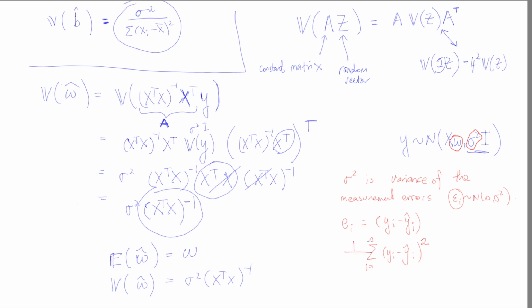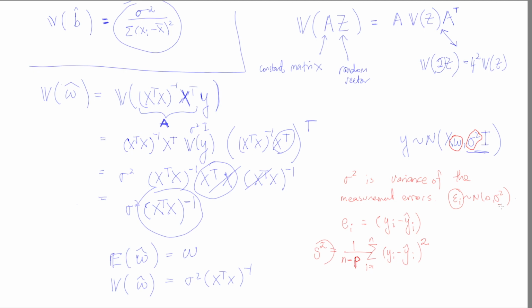Okay, and we divide by... we don't divide by n. We divide by n minus p. And let's just call this s squared, because s squared is estimating sigma squared. So this should be pretty simple to understand. We're going to estimate the error of the measurements.